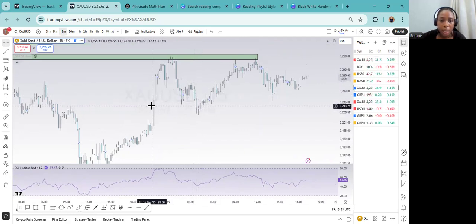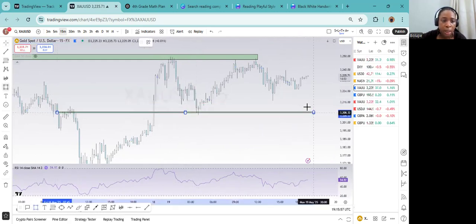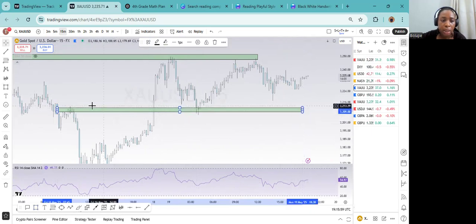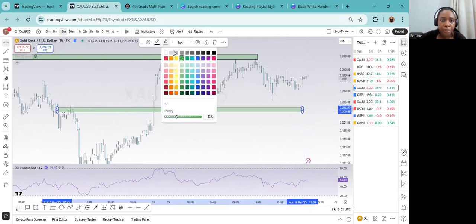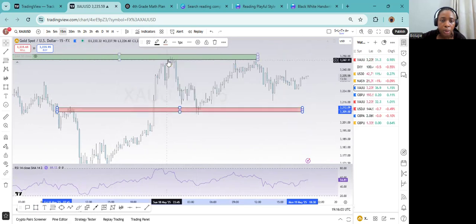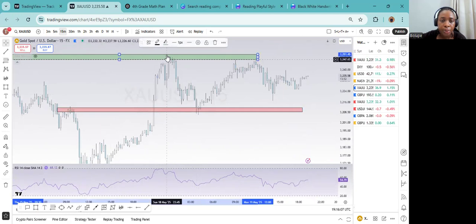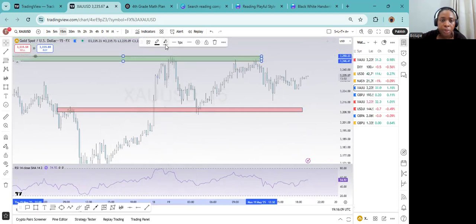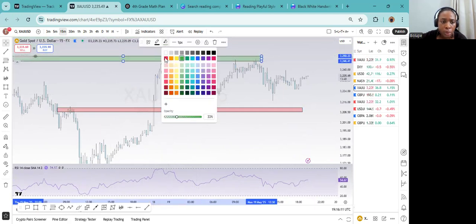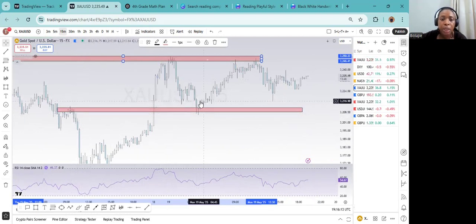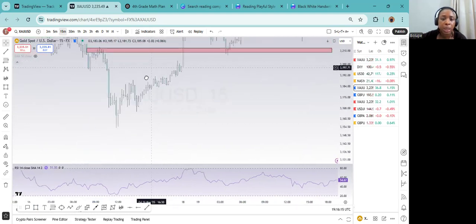What was the thing that led to this push up? This is a pullback. It's minor structure, an area where we'll be looking for price to come and retest.